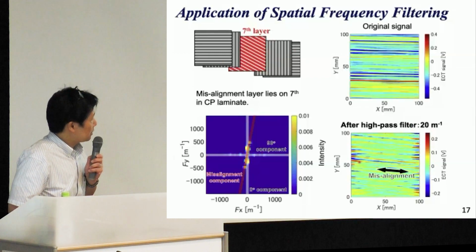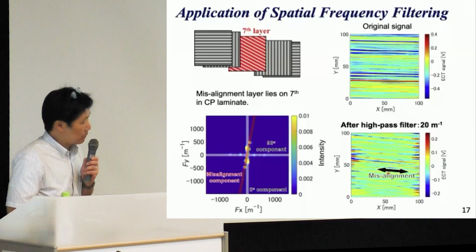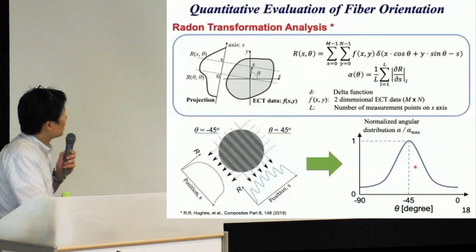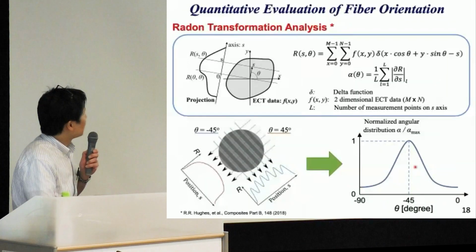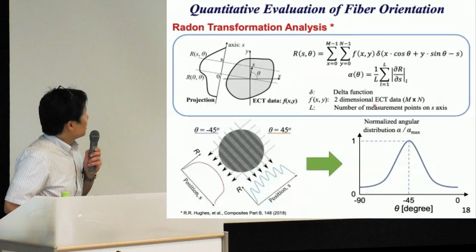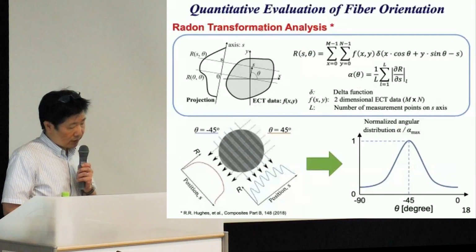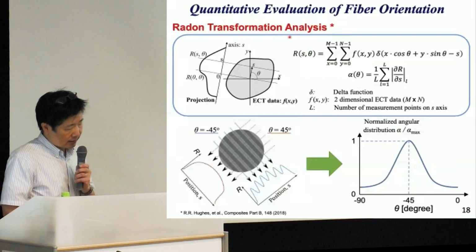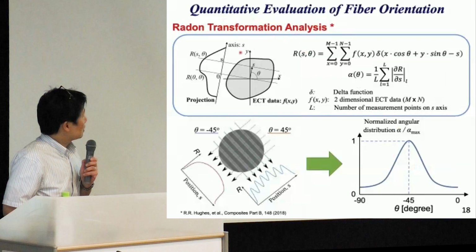So in order to read the angle of misalignment, we apply Radon transformation analysis. For each angle, we get the projection data.